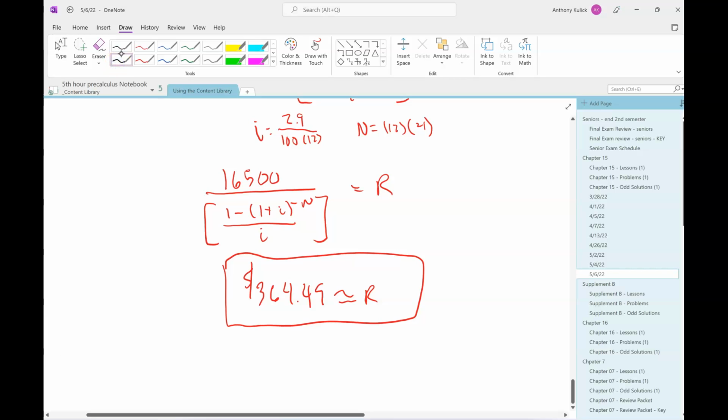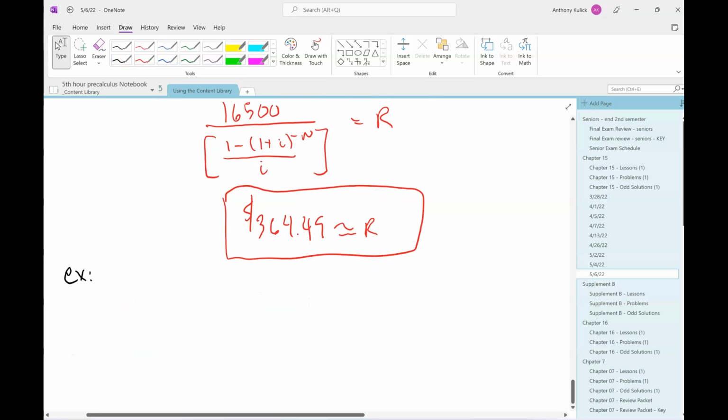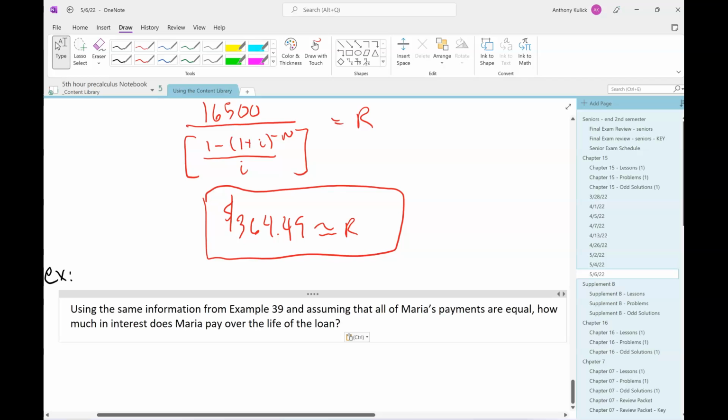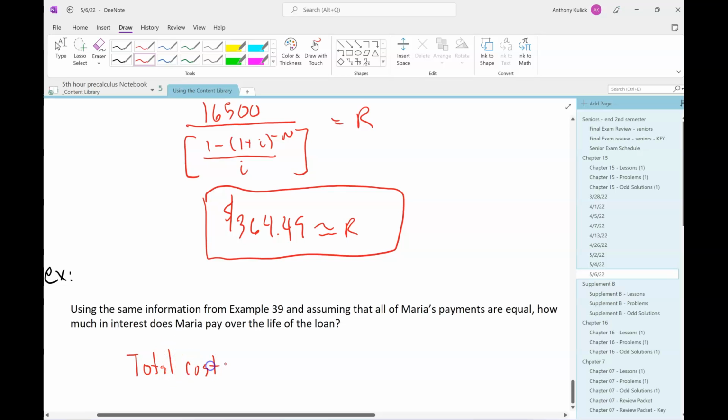So that should lead you to the interesting question of how much did we actually pay for the car and how much interest did we actually end up paying? So let's do the total cost for the car. How do we calculate that?